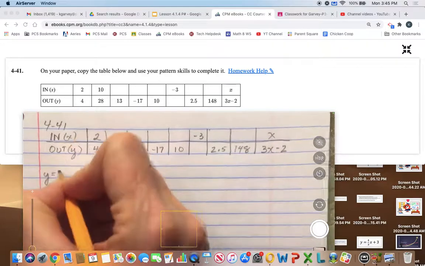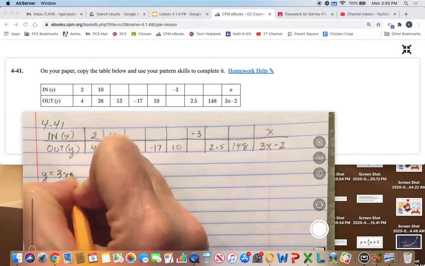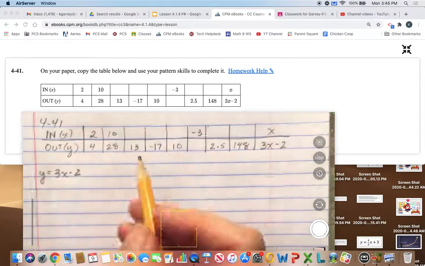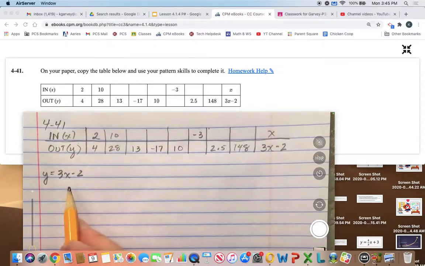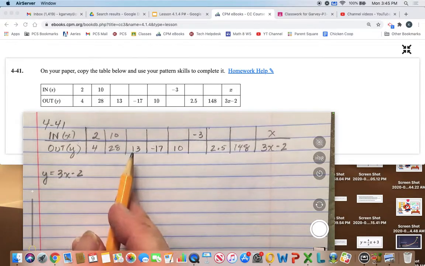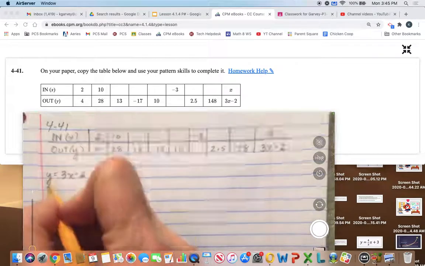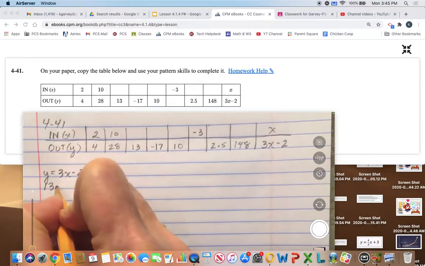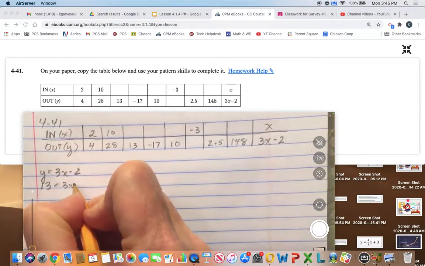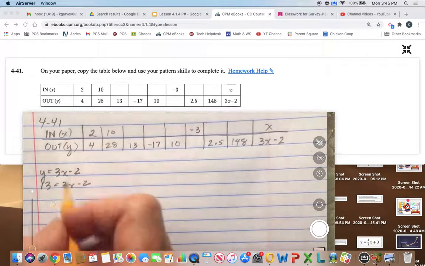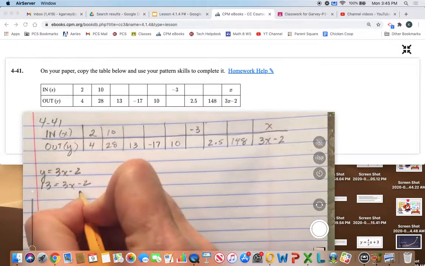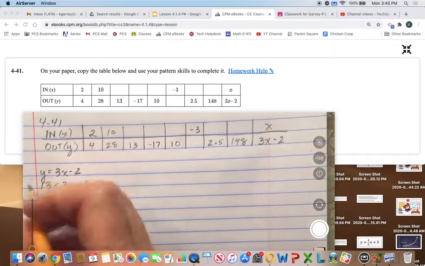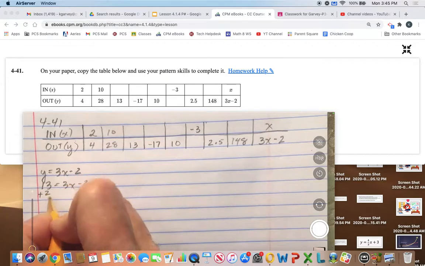y is equal to 3x minus 2. So wherever we have a y value, we can use this equation to help solve for x. So for instance, for this first missing y value, if we just say 13 is equal to 3x minus 2, now we can figure out what x is. So we need to get x by itself. First we'll add the constant on both sides.